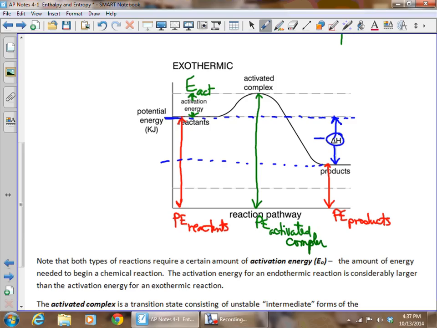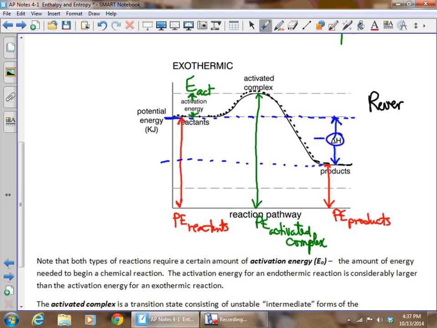And think about something. If we reverse this reaction, let's say this reaction is taking hydrogen and oxygen and forming water. It's an exothermic process. What if we turned it around and said that this was water being broken apart and turned into hydrogen and oxygen? Well, look what the reverse reaction would be. The reverse reaction for an exothermic reaction is endothermic.